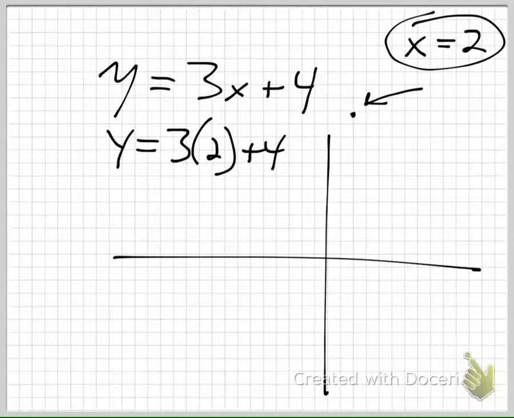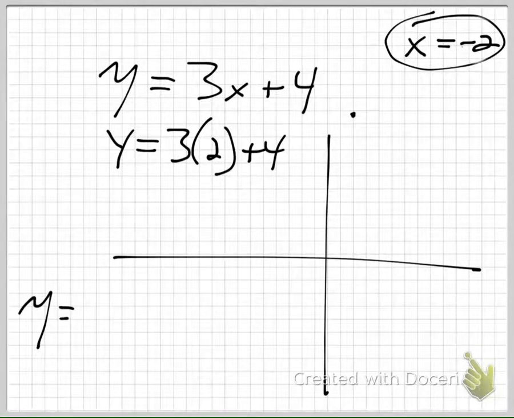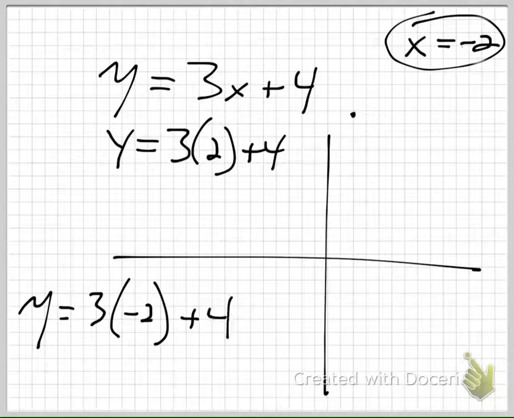Make sense? Okay. So then let's do this. Let's make x be negative 2. If x was negative 2, nobody says it out loud. I want you to write it down. If x was negative 2, what is y? Instead of writing 3x plus 4, what am I going to put? 3 times negative 2 plus 4, right?